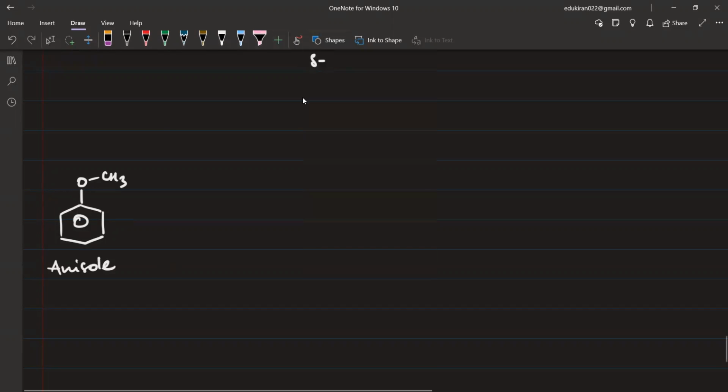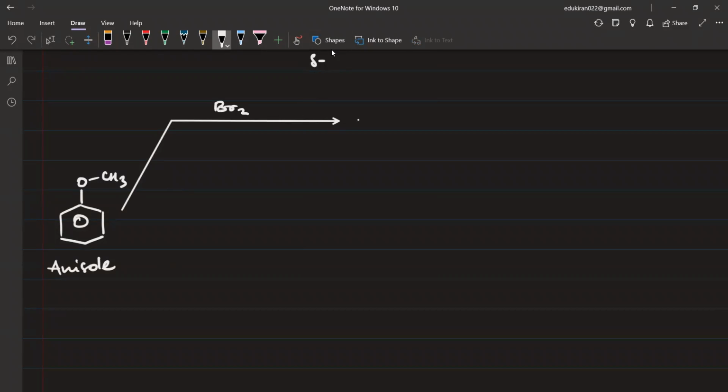When we have a reaction with Br2, that means we are doing halogenation. Br2, and this is done in the presence of CH3COOH. Then we are going to form two products.